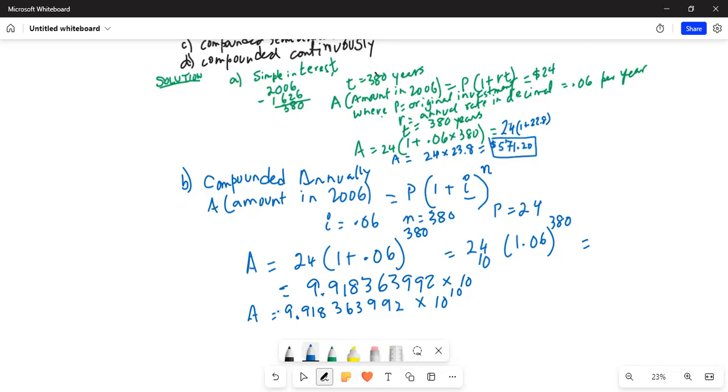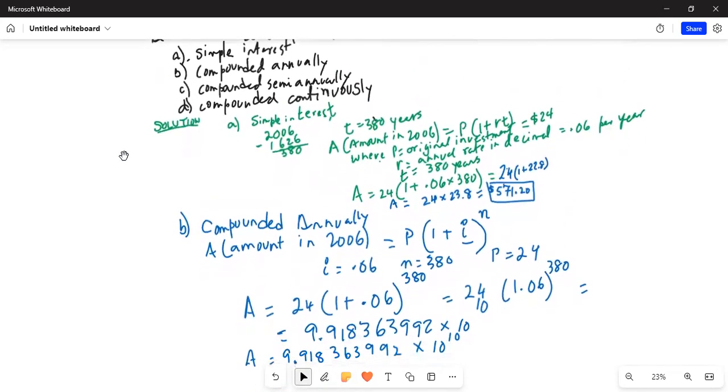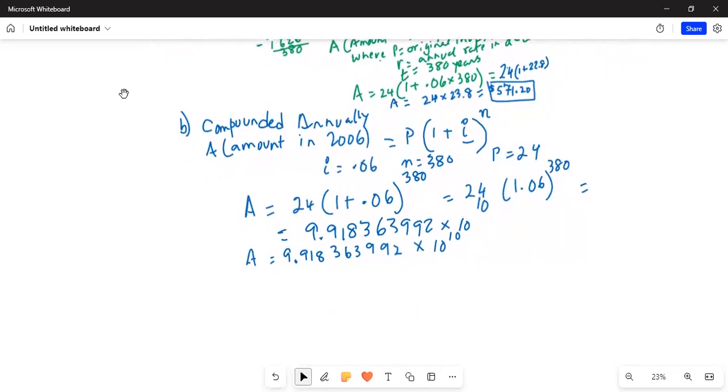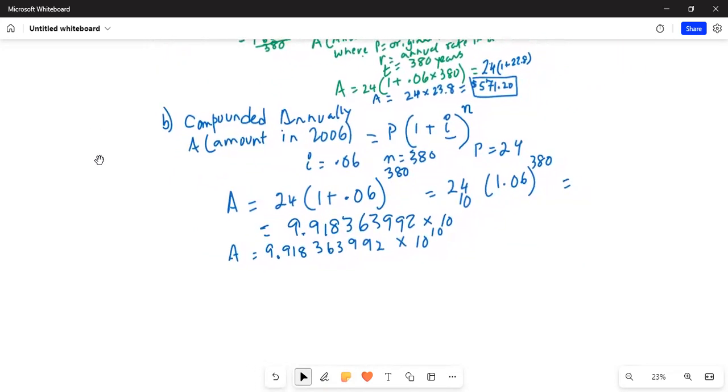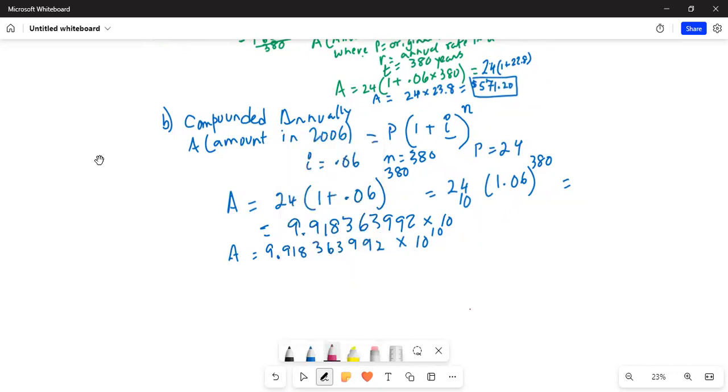So let's read the next part. What are we supposed to do? The next one is compounded semi-annually. Semi-annually means 2 compounding periods per year. So I'll change the color of my ink also. Let's make it this color. So compounded semi-annually.